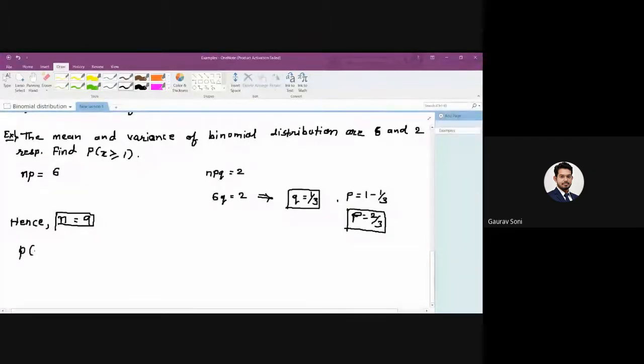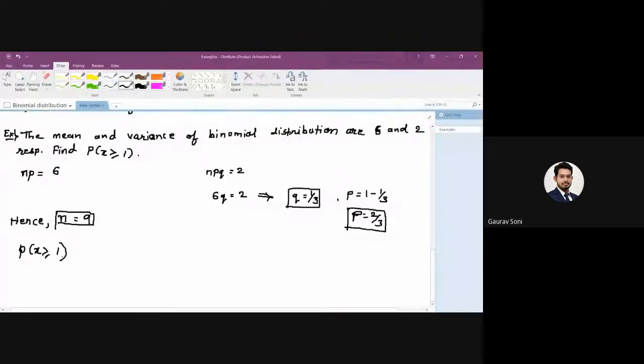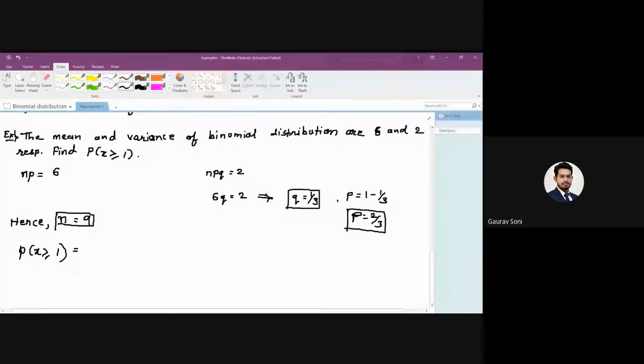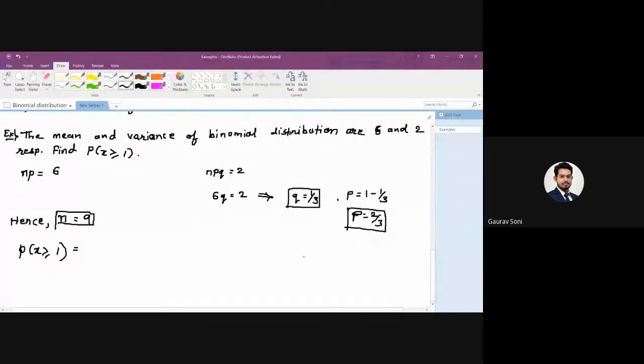Find out the probability of x greater than or equal to 1. How can I find out the probability of x greater than or equal to 1? Should I go from 1 to 9?